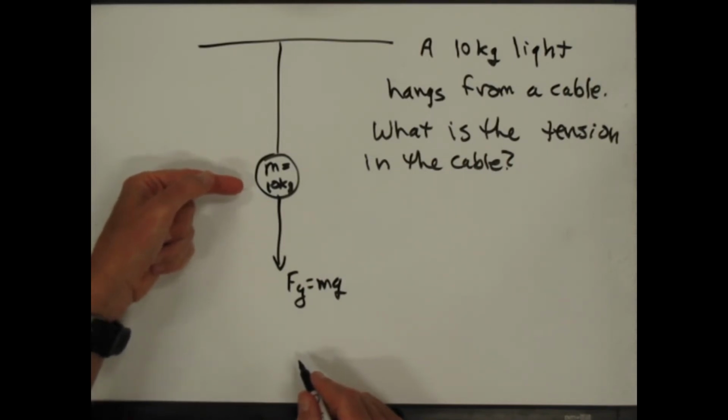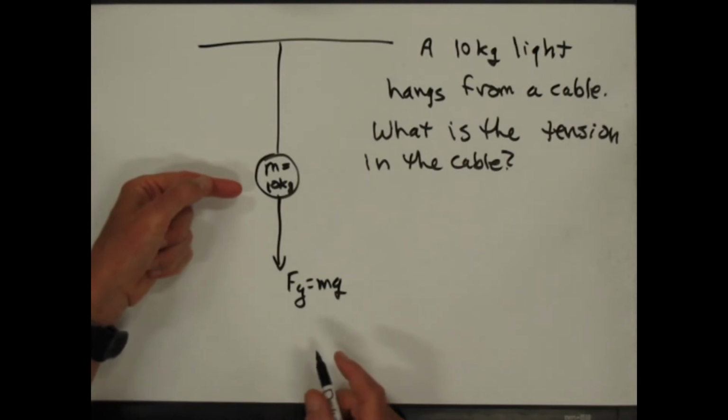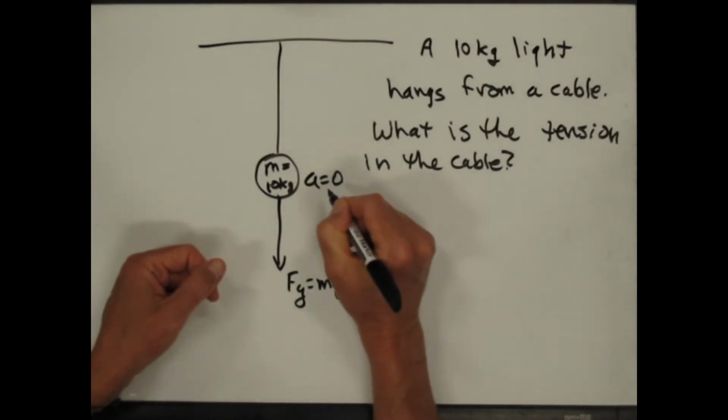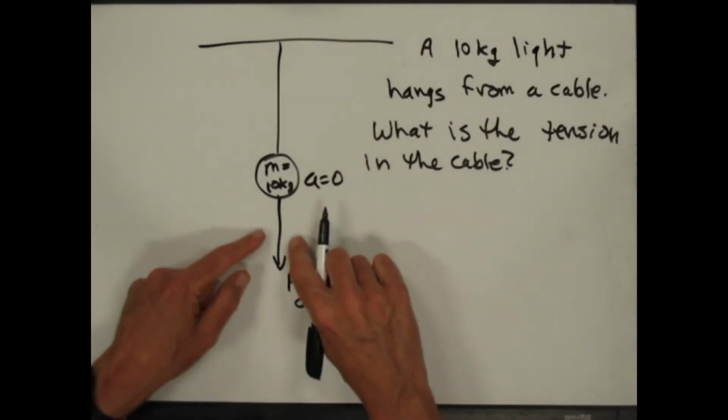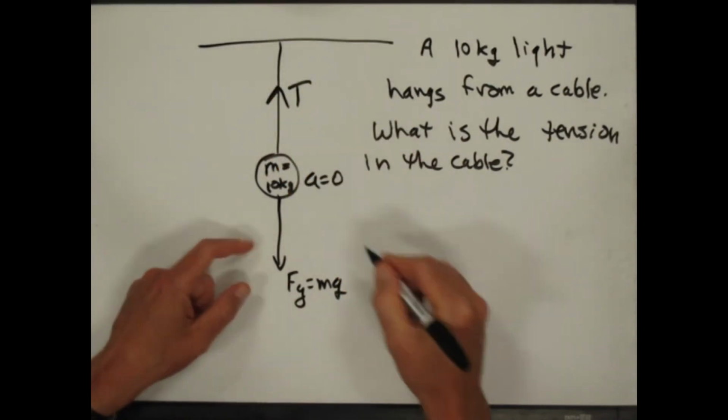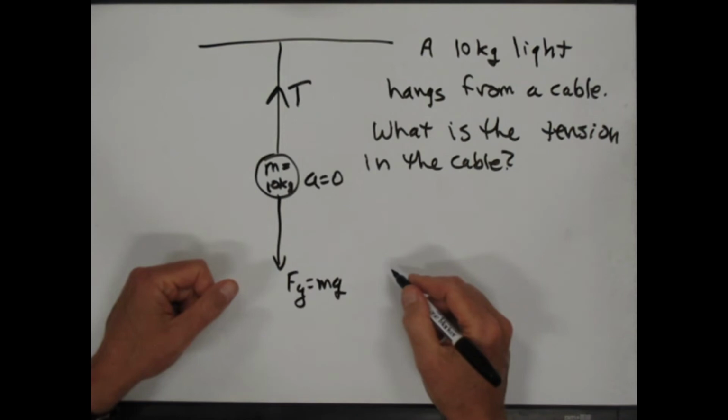This might be an arena light or a chandelier or something like that, but it doesn't matter. Since it's not moving, since acceleration is 0, then we know there has to be a force balancing this one, and that's the tension. I'll just give it a T, right?